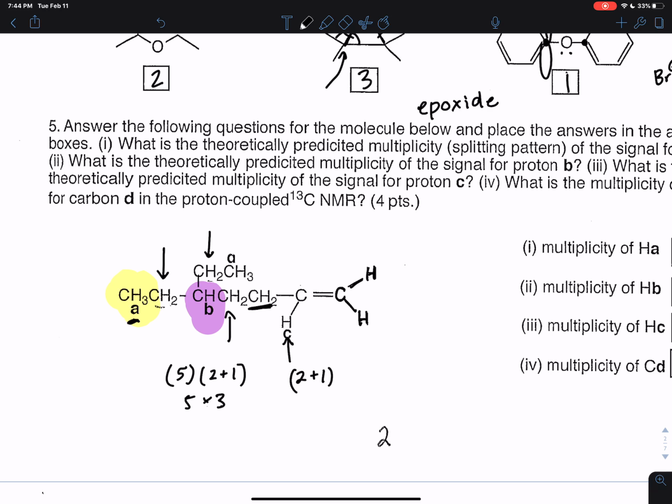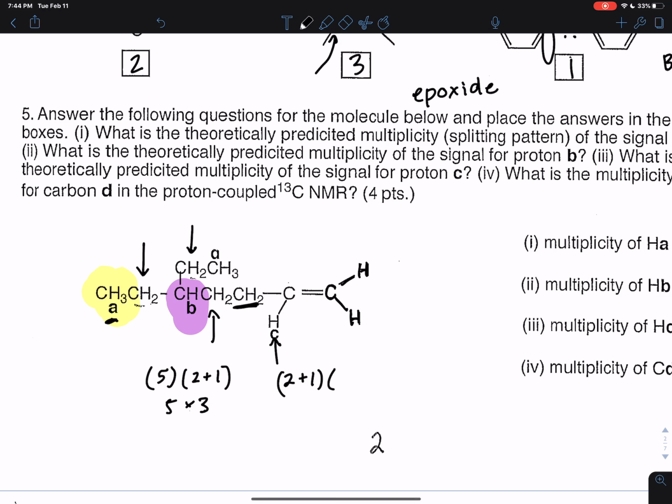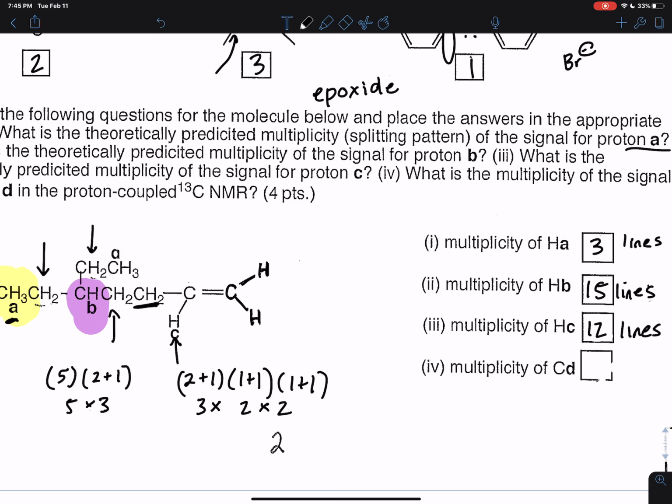Because they can't freely rotate, this upper proton is in a different location than the bottom one, so they're next to different things. We put 1 plus 1, and then for the other one, 1 plus 1. Perfect. So we're going to do 3 times 2 times 2, so 4 times 3. Does that make sense? Are we clear?